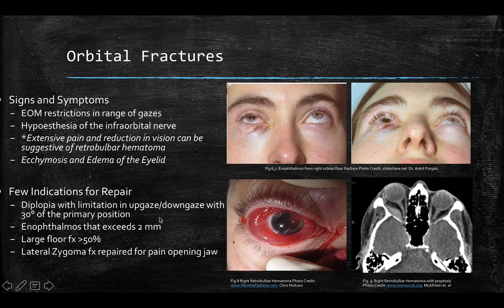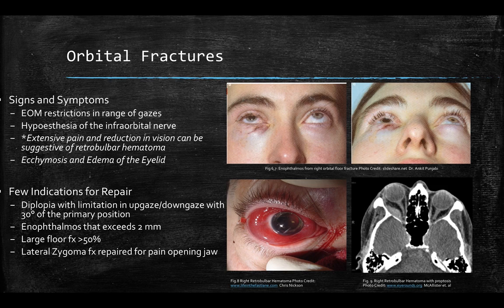There are a few indications for repair that are generally cited, although there's some debate on complete agreement on all these. But things for you to keep in mind for learning: if the patient has double vision with limitation in up gaze or down gaze within 30 degrees of the primary position, that's someone who's usually going to get a repair.